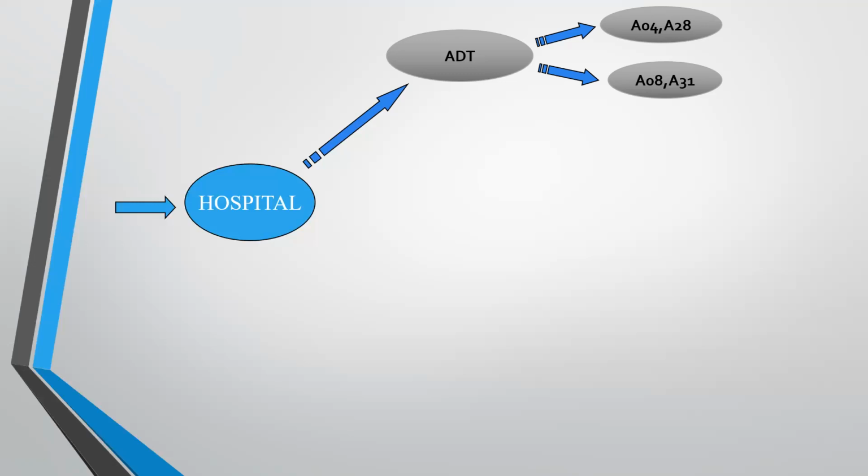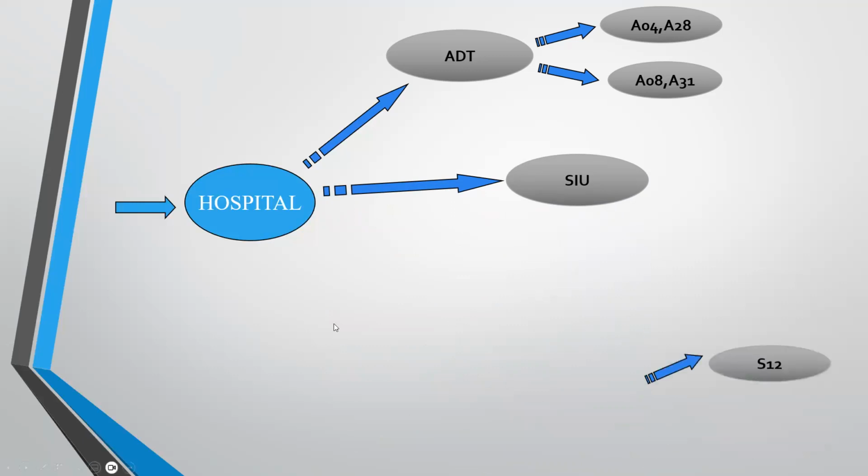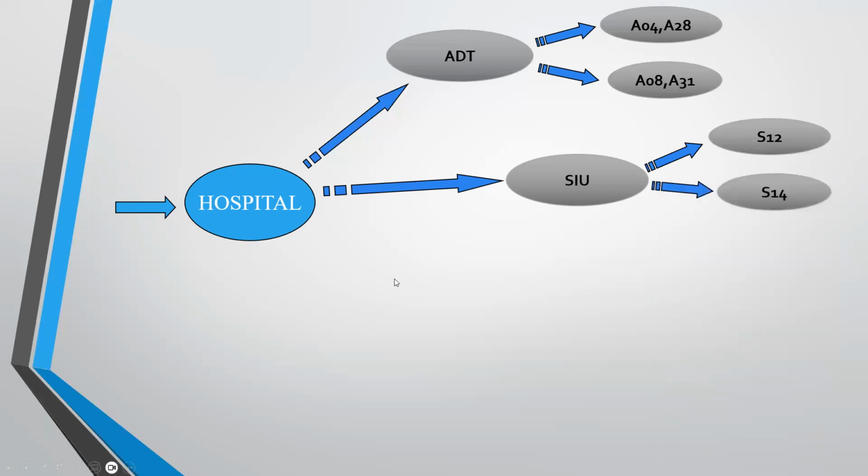right? So next you have SIU. SIU stands for scheduling information unsolicited, and the events that are part of SIU are basically S12, which will represent new appointment. S14 will represent modification of an existing appointment.